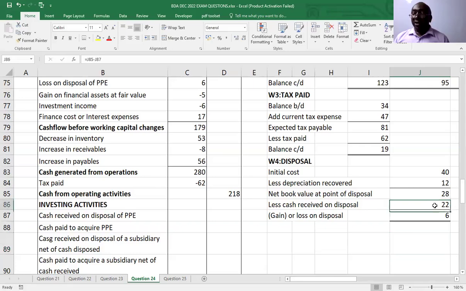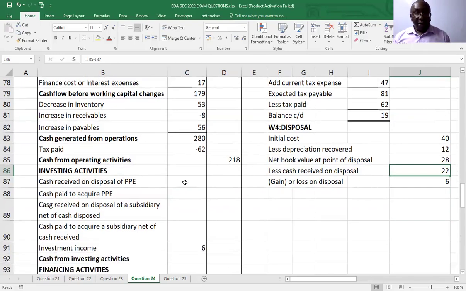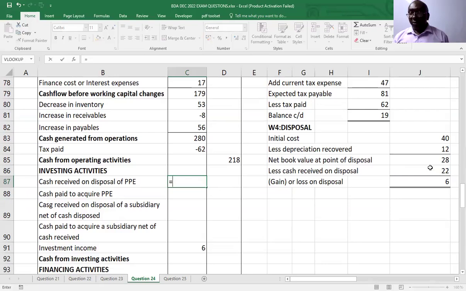So this is the cash we received on disposal. If that is the cash we received on disposal, we put it here. And this is a positive flow, so we just bring it there.